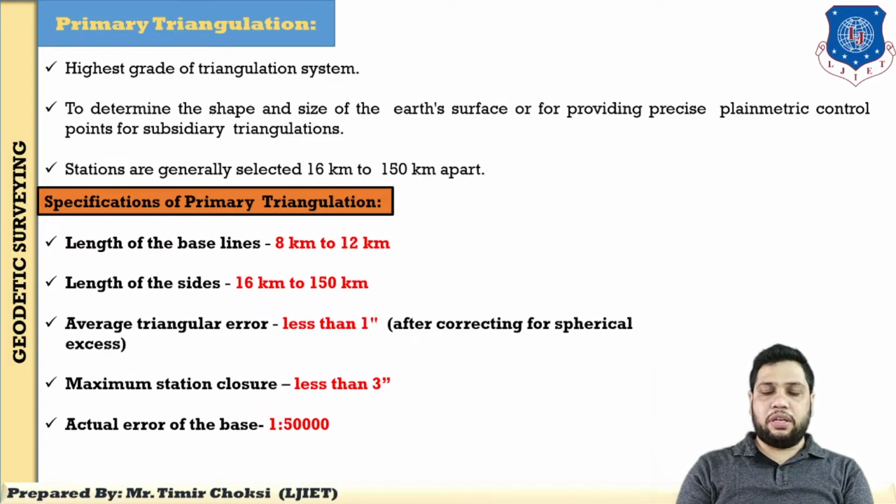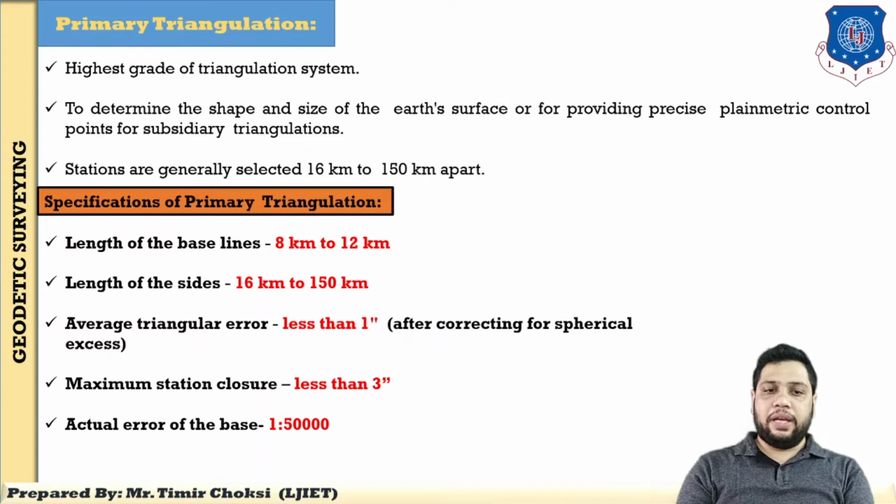Maximum station closure means, when you conduct a traverse, the station closure equation is (2n minus 4) times 90 degrees. For example, when the traverse has 4 sides, n equals 4, so the total angle is 360 degrees. If the observed angle is 359 degrees 59 minutes 50 seconds, then 10 seconds is the error.